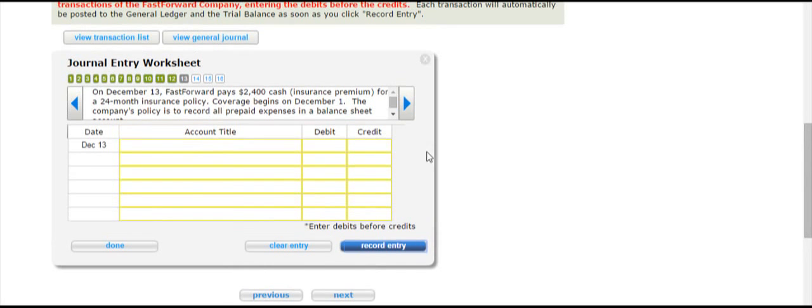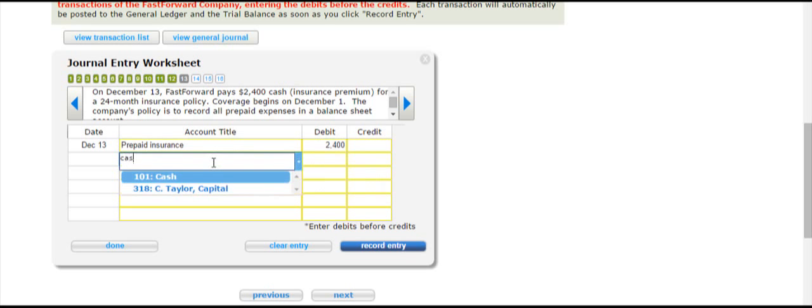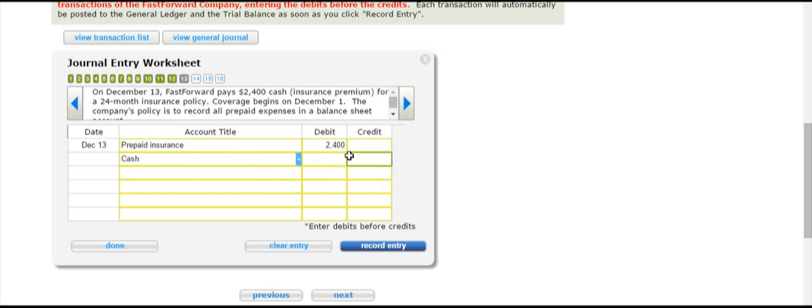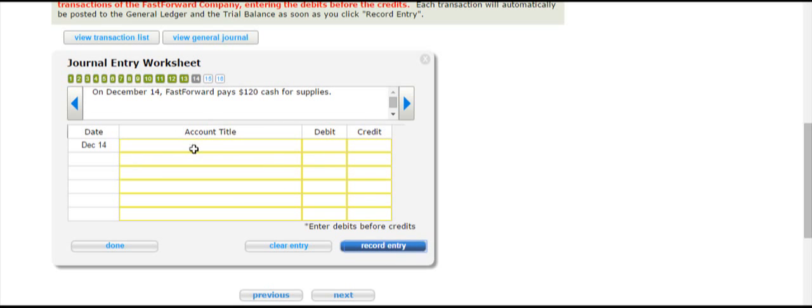That's what happens when I read too fast. Pays cash for an insurance policy, prepaid insurance, and credit cash 2,400. Pays for supplies 120.